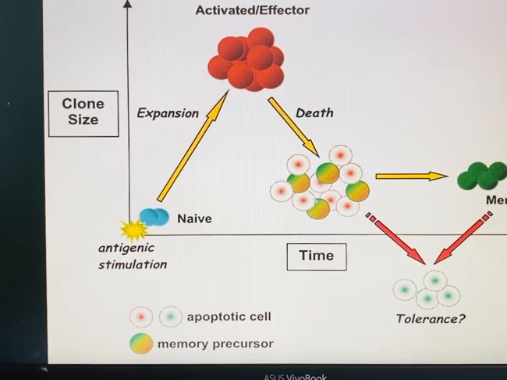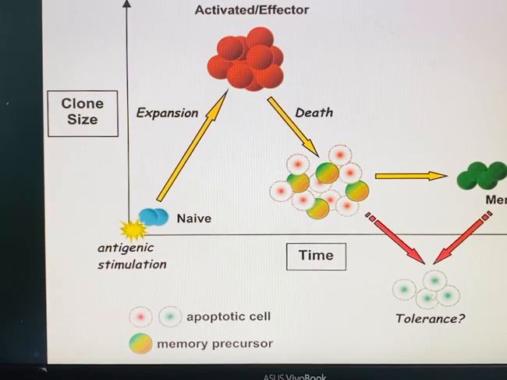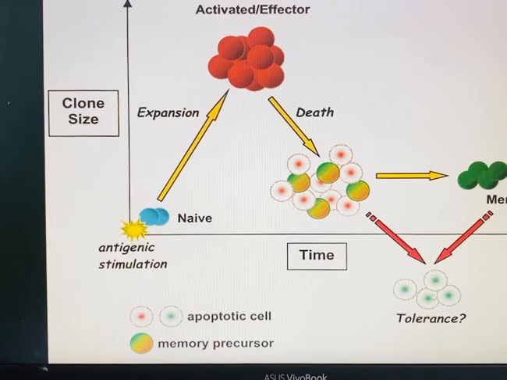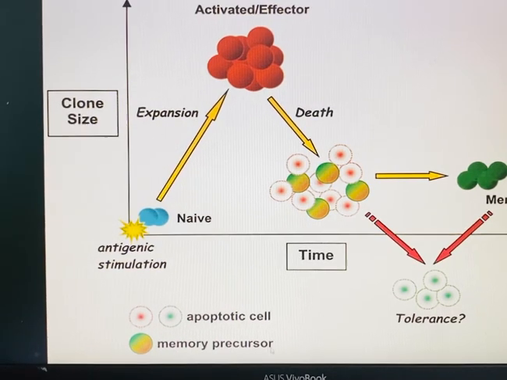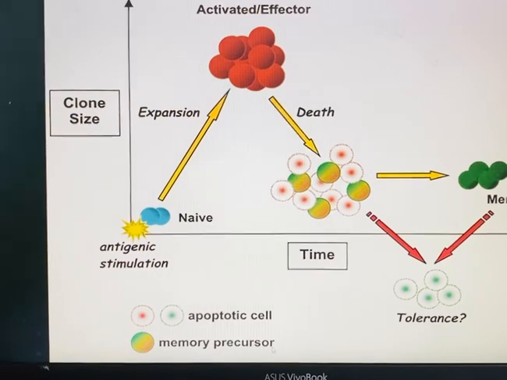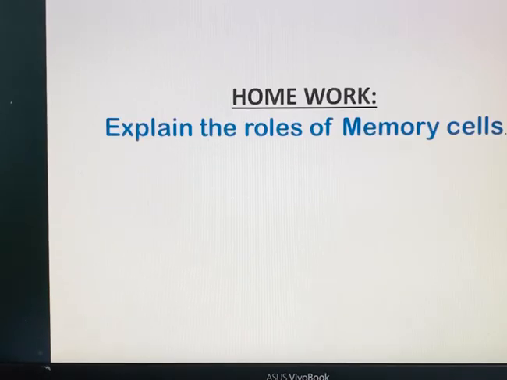These four have the copy called tolerance. Tolerance means they could get adapted. That means they are apoptotic cells, and this green is the memory precursors. So you need to understand.